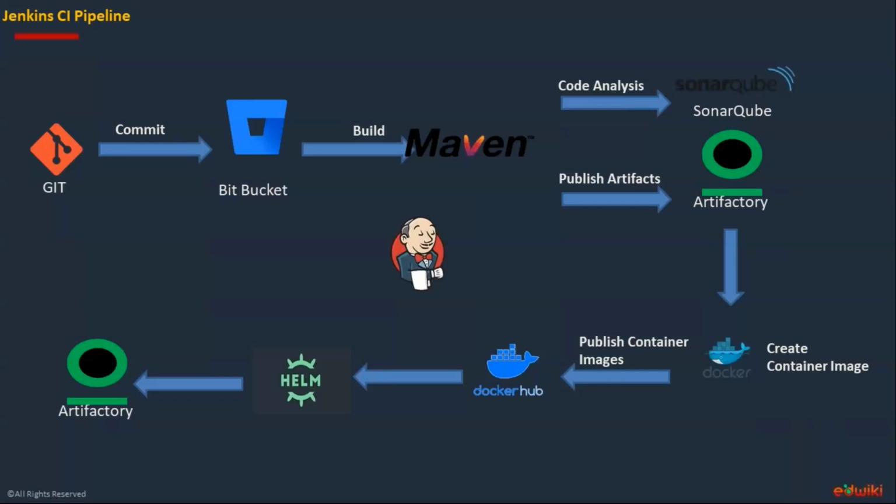Once you get the source code from the developer to the Bitbucket repository, all the steps that you follow here in order to prepare a Helm chart and keep the Helm chart in the JFrog Artifactory are called the build stages. When I say build, it is not just a Maven build. The build terminology now has a broader picture.